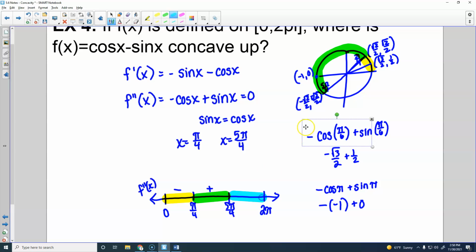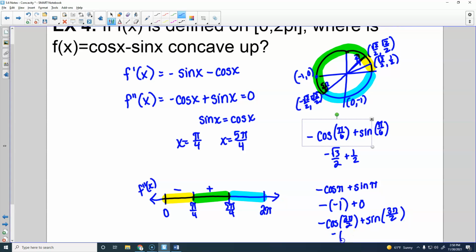Then we're here, 3 pi over 2. Probably our easiest one here. Here our coordinates are 0, negative 1. So we got negative cosine of 3 pi over 2 plus sine of 3 pi over 2.